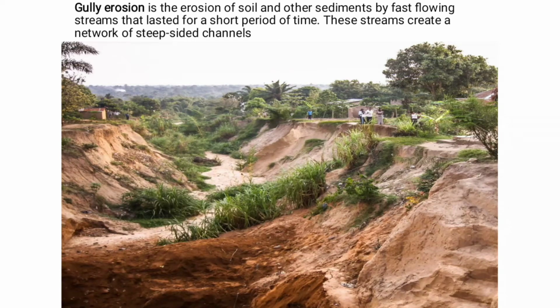And this results in the erosion which is known as gully erosion. Here in the picture you can see the result of a fast flowing stream that cuts through those side channels, right, that lasted for a short period of time due to sudden heavy rainfall.